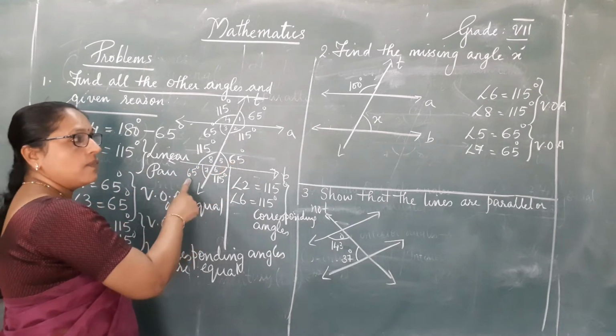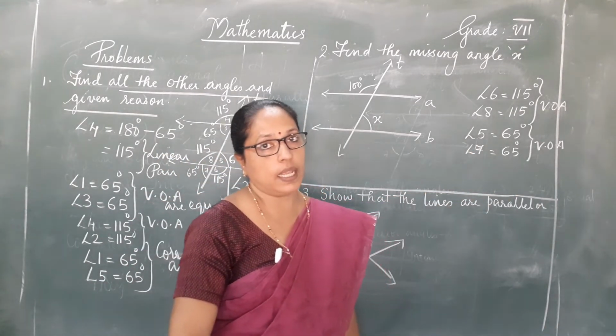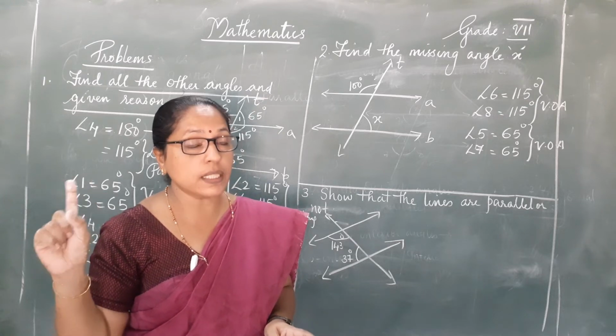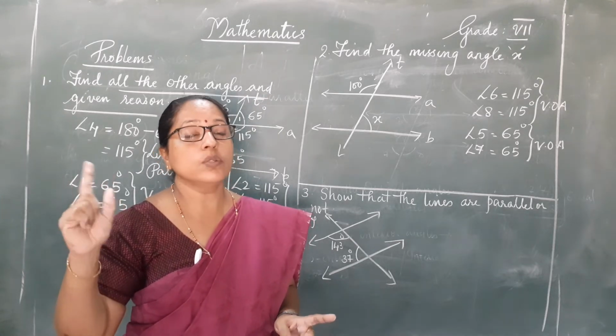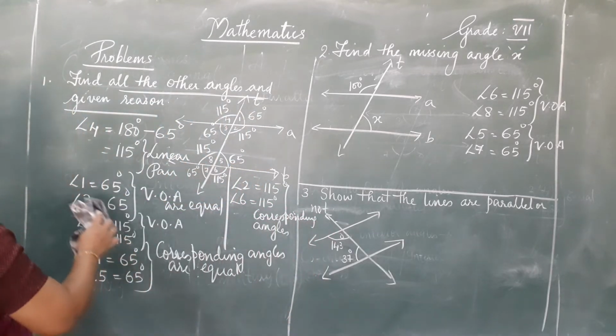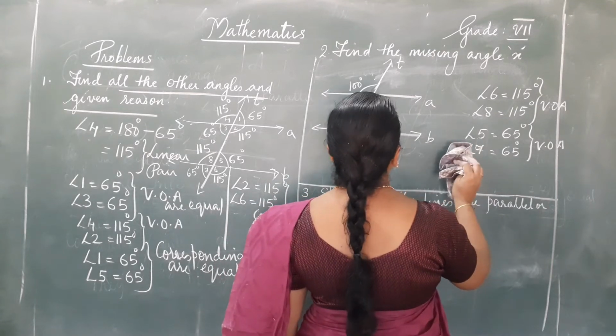Angle 5 is 65, so angle 7 is 65, vertically opposite angles. I hope you understood how to solve this problem: identifying the angles, their properties, and applying them to the problem. That is the first question. Now let's move on to the second question.